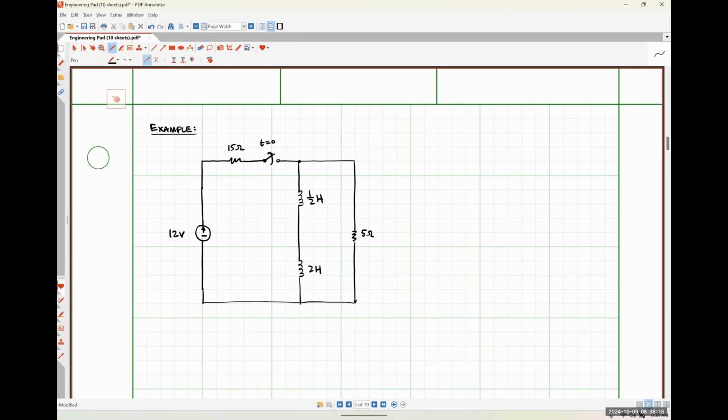And what I'm interested in finding is the current flowing through my inductors. And let's just say that I want the voltage drop across just this second inductance.